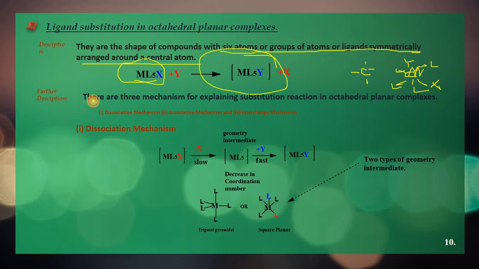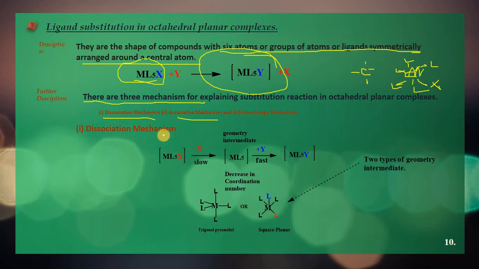I will tell you that mostly octahedral complexes use dissociative mechanism, while the square planar uses associative, but I will explain dissociative, associative, and even interchange mechanism. So there are 3 mechanisms for explaining substitution reaction in octahedral complexes.